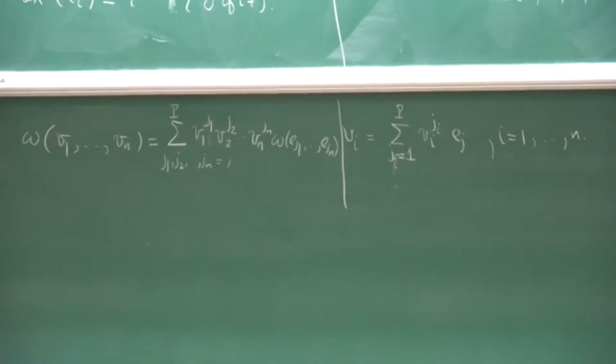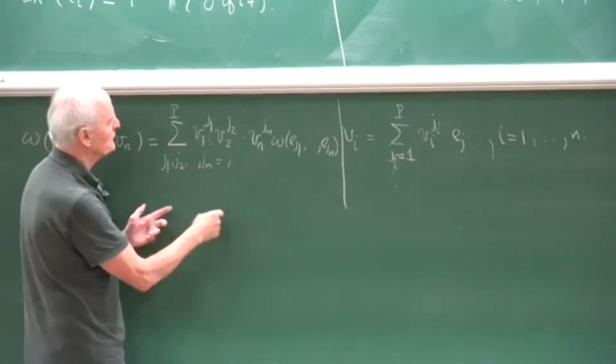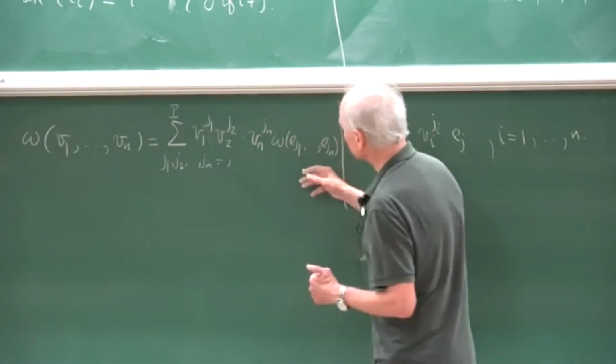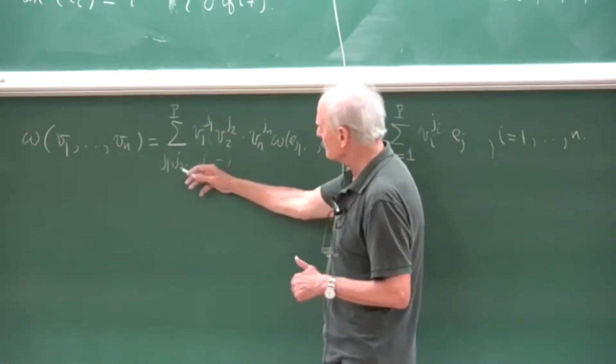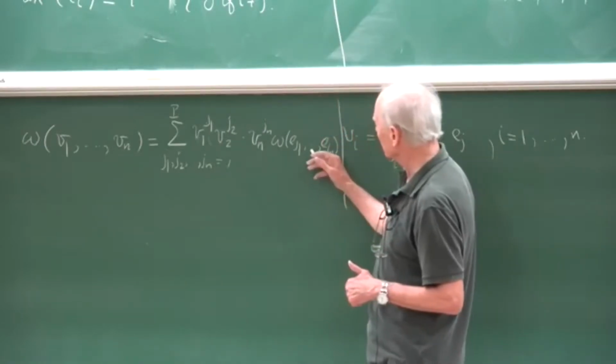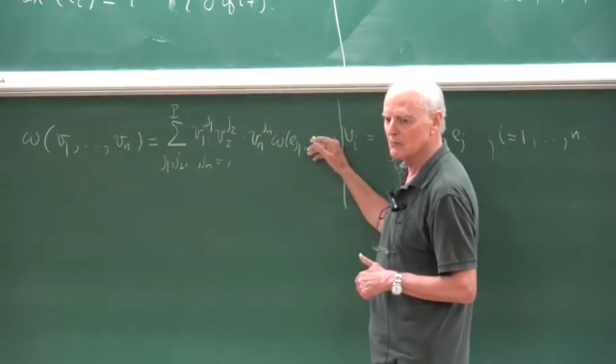So that looks like a complete mess. But then we can make one observation. Notice that if any of the indices j are equal here, we'll get an equality of two entries, and that'll make this 0.